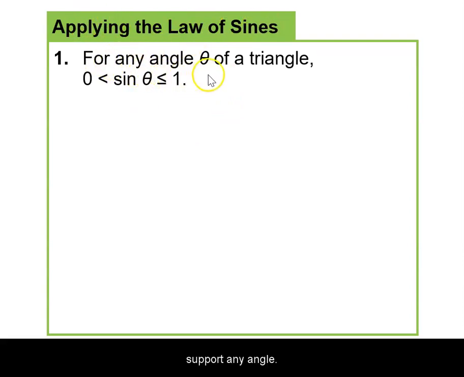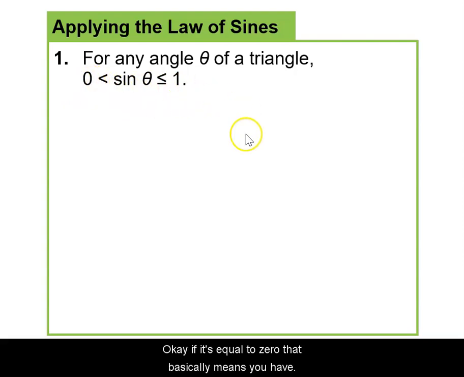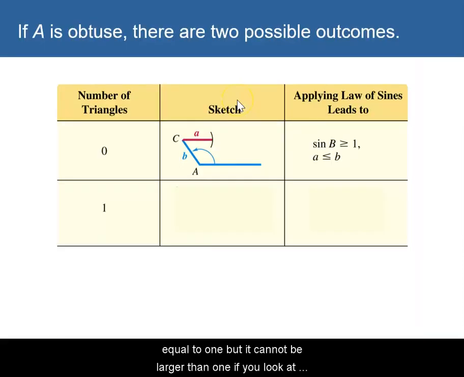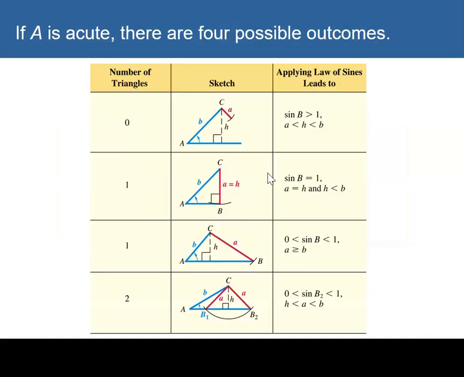For any angle theta, the sine of theta needs to be in between 0 and 1, okay? If it's equal to 0, that basically means you have no height, something is 0, so you don't actually have a triangle. So it has to be larger than 0, and it can be equal to 1, but it cannot be larger than 1. If you look at these, every time we have no triangle, sine is larger than 1, right?